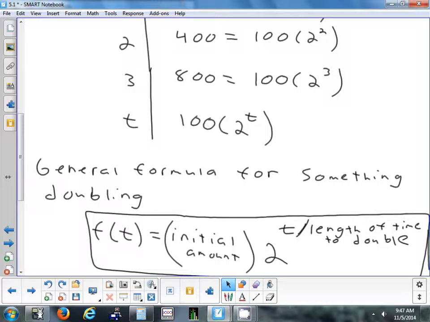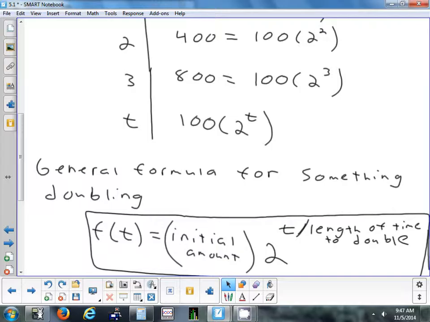So let's say this bacteria wasn't doubling every hour, but it was doubling every 5 hours. If you didn't have divided by the length of time to double, it wouldn't work out right if it was every 5 hours. Because the length of time to double is every hour, you're dividing t by 1.